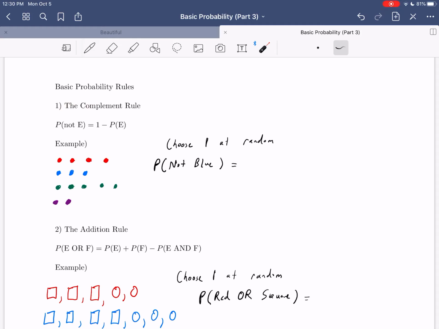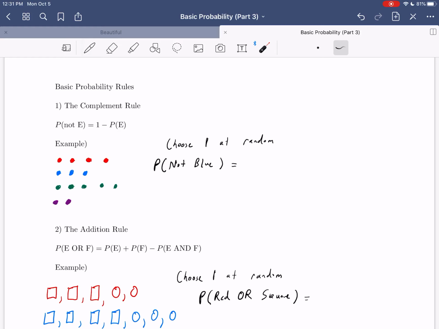Let's take a quick look at a visual example to help us understand the complement rule. Here's a collection of little different colored, maybe they're marbles or something, and let's imagine very simply we're choosing one of these at random. We want to calculate the probability that it's not blue. One way we could do that is to directly count up all the things that are not blue.